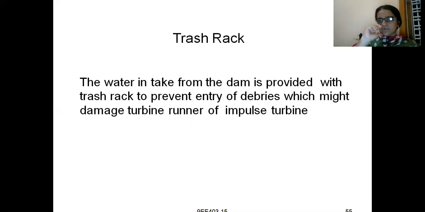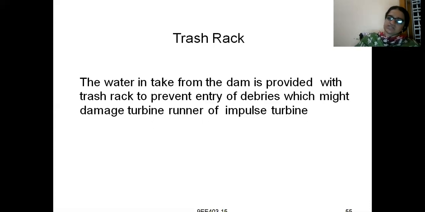If we are not checking that, and we allow that water to flow through the tank and the penstocks to the turbine, there is a chance that your turbine might get damaged, or that this debris, stones or waste particles might accumulate in the penstock and obstruct the flow of water in the penstock.